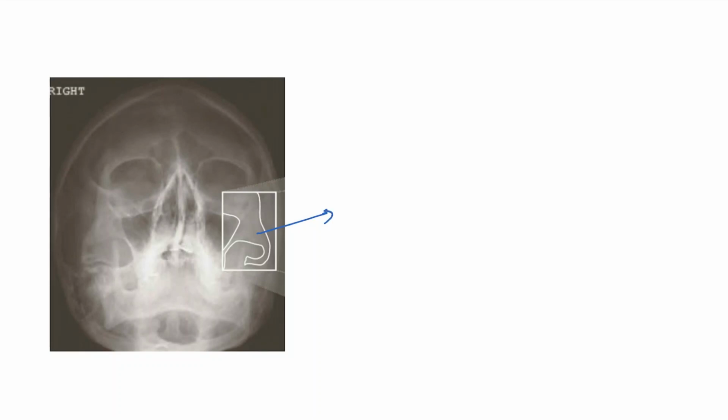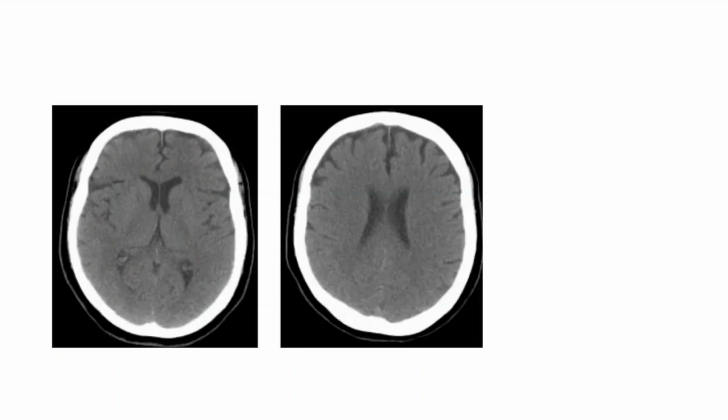It resembles an elephant. The trunk of this elephant, that is this part, is formed by zygomatic arch. I repeat, this is a normal malar bone. This is normal CT head.